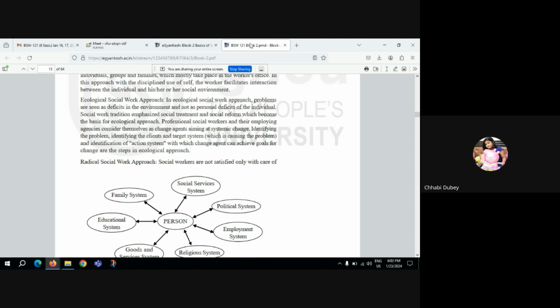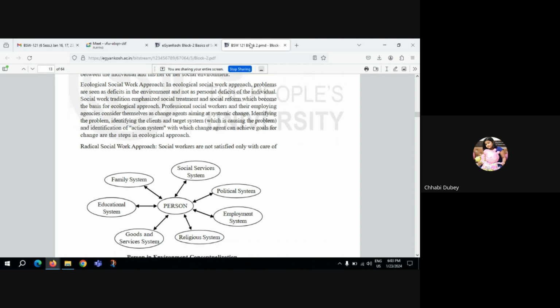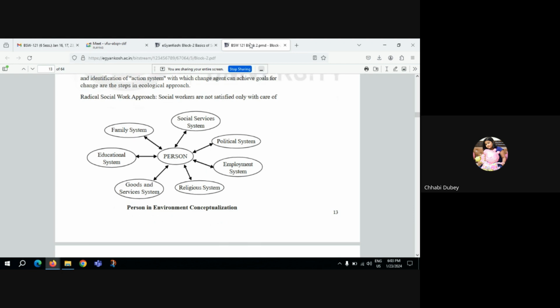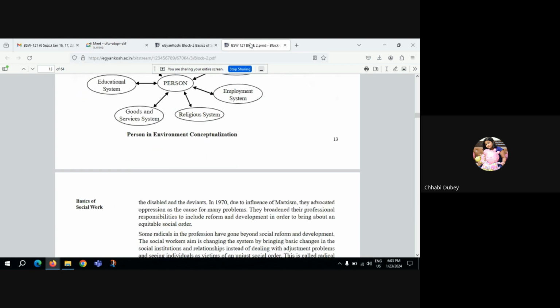After this, we come to what is known as radical social work. Here, social workers are not satisfied with only care of the disabled. This has a lot of influence from Marxist ideology, and they advocated oppression as the cause of many problems, and they say that they need to broaden their professional responsibilities to include reforms and development in order to bring about changes and an equitable social order.